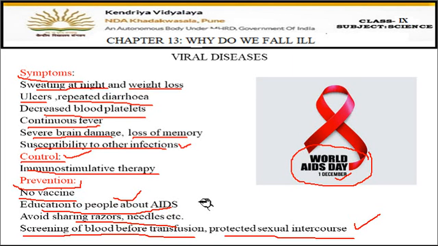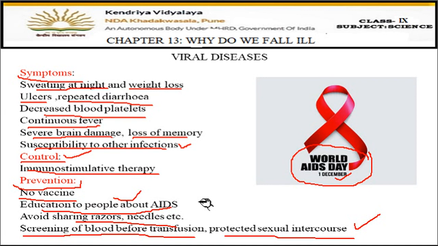And as I have told you, AIDS is a condition in which the immune system of the patient becomes very weak. Suppose someone has become HIV positive, that does not mean that the person has AIDS. But slowly, once the virus enters the body, it weakens the immune system.